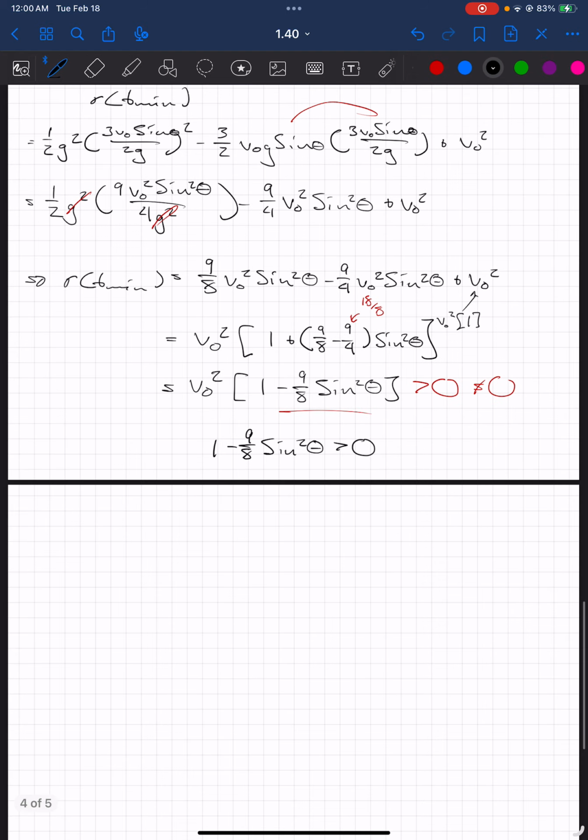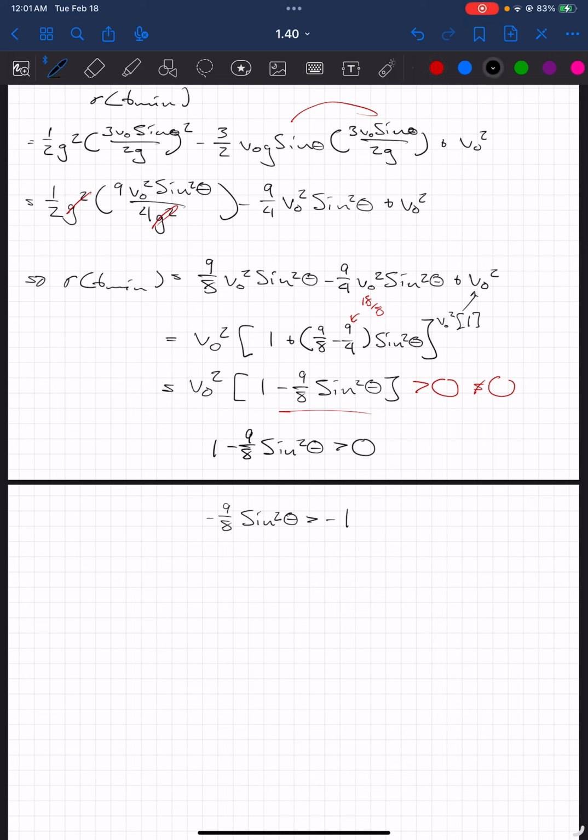If we rewrite this, I'll do one step at a time just to keep it simple. First we move 1 to the other side, so we have negative 9 over 8 sine squared theta is greater than negative 1. If we multiply both sides by negative 1, we have to invert the greater than symbol.